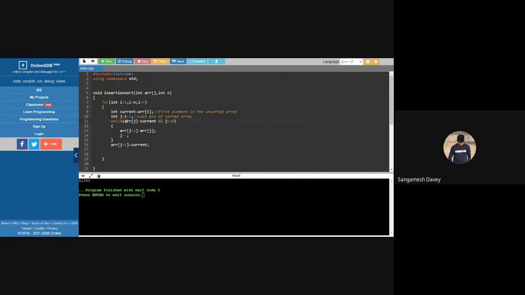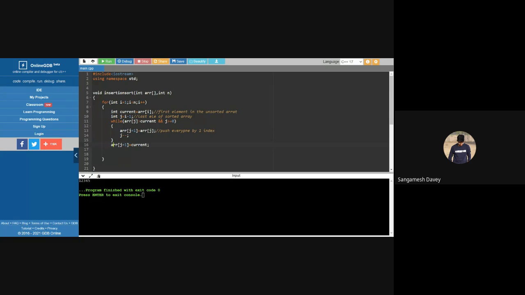So if ARR of J is greater than current, and obviously J is greater than or equal to 0, this is for checking the boundary condition, I push everyone by one index. After this, I do J minus minus so that I can compare with the other people, and if 0 reaches, that means I reach the end of the sorted array. So I can wrap up the while loop.